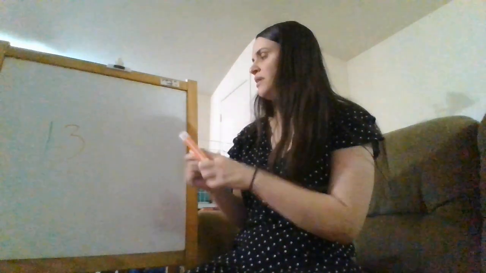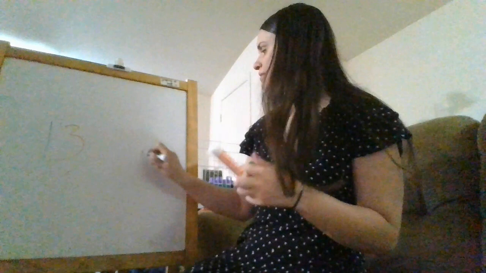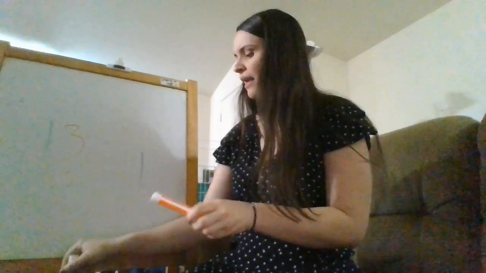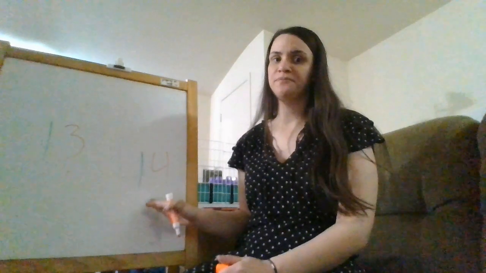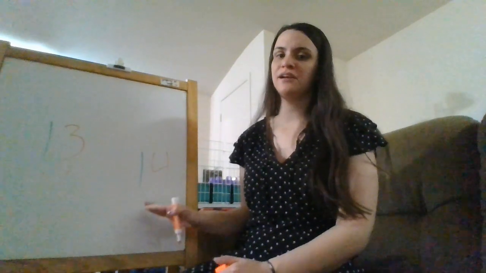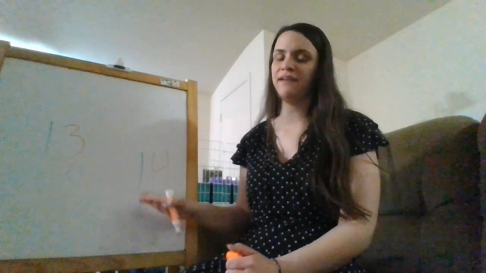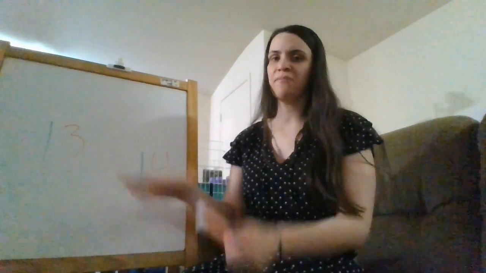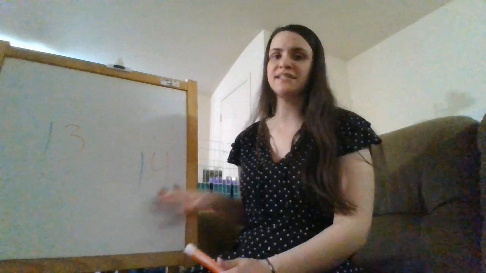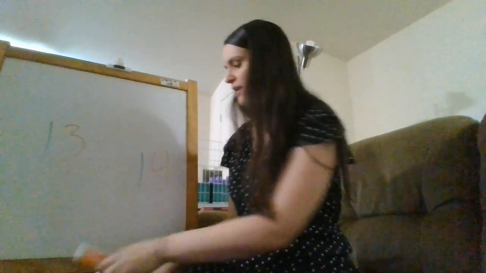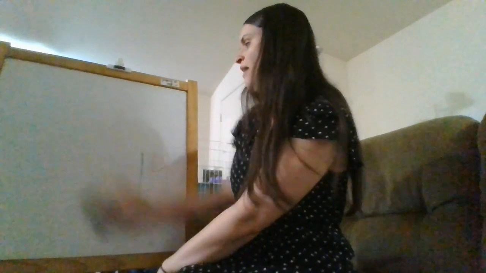Now who could tell me what number a 1 and a 4 is? It's the number 14. Could we say 14? Ready? 14. So one more time. 13, 14. Very good, guys.